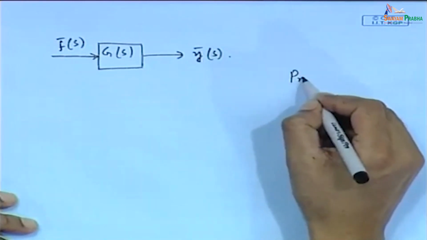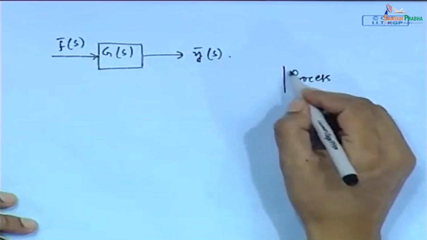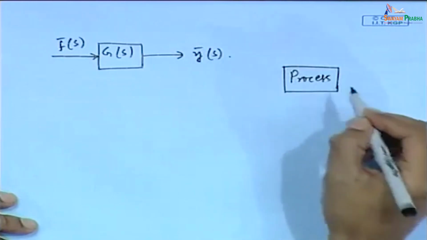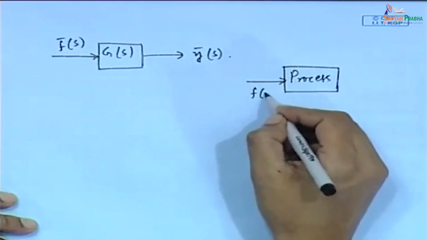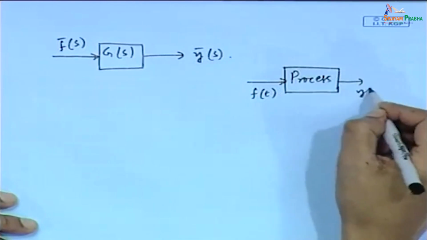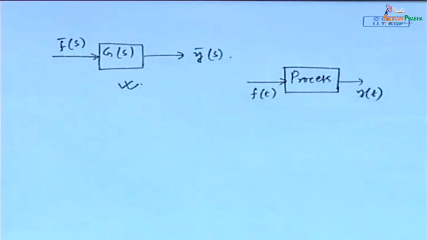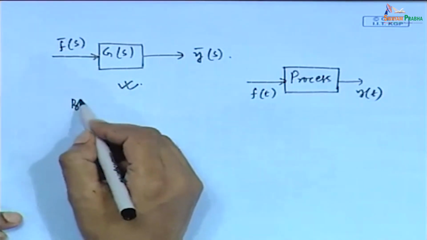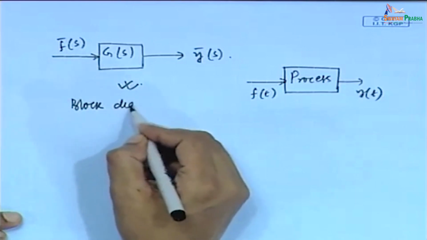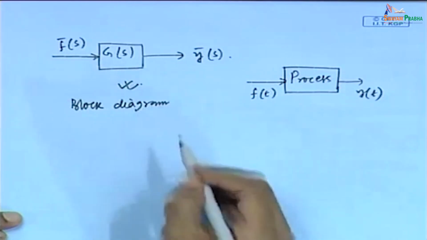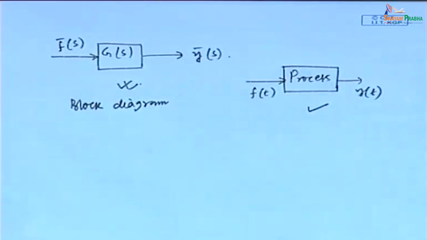Fine. You recall the representation in time domain. Now, in Laplace domain, I mean S domain, we will represent in this way. So, this is the block diagram of this process.